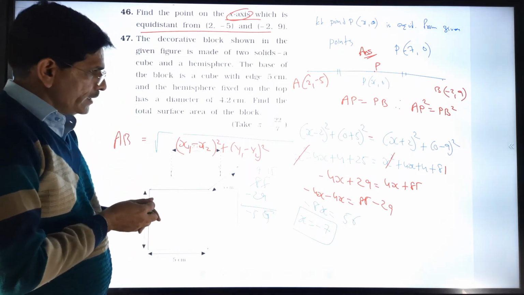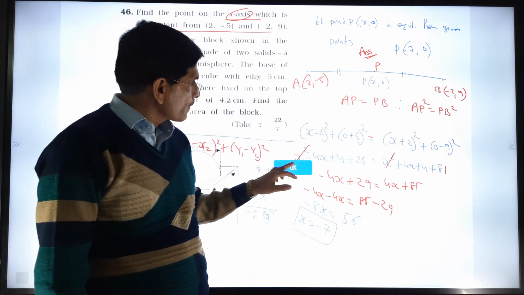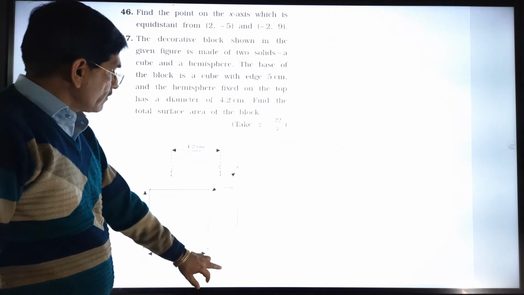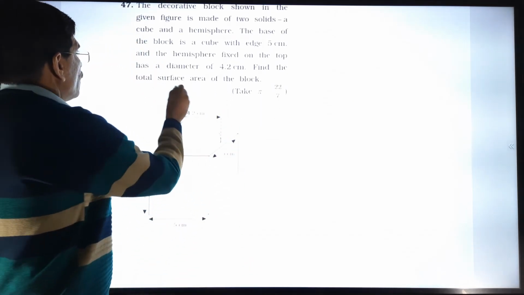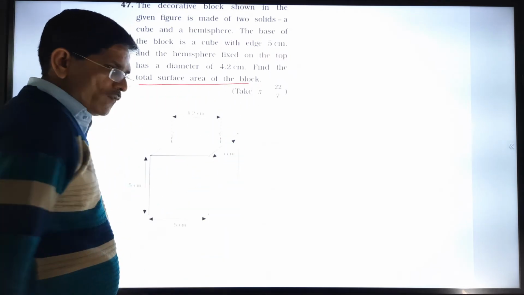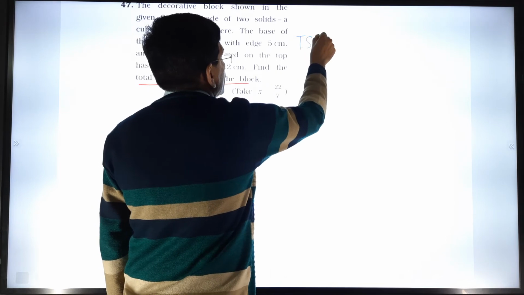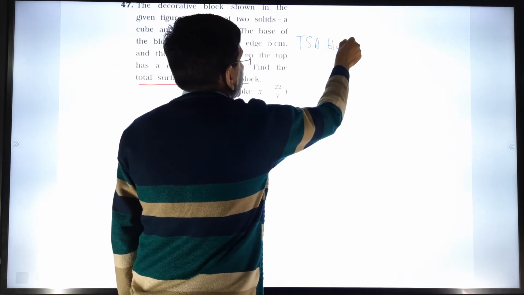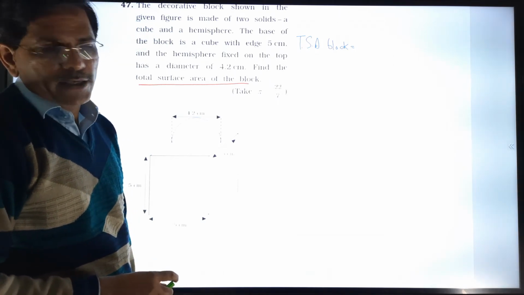Now 47. We concentrate on 47. In 47, if you see properly, the question is to find the total surface area of the block. So TSA of block. If I take the TSA of the block, what do I have to take?